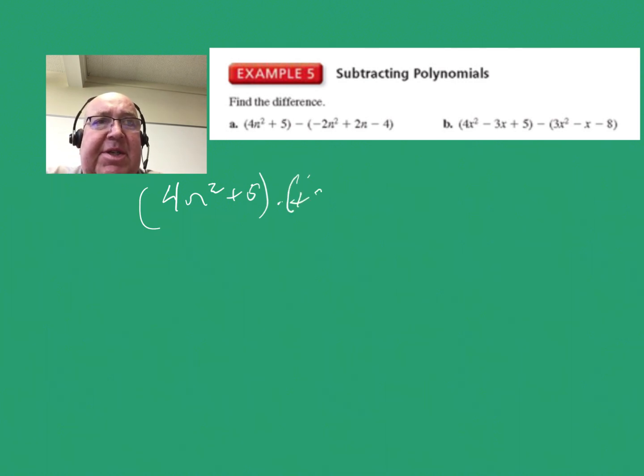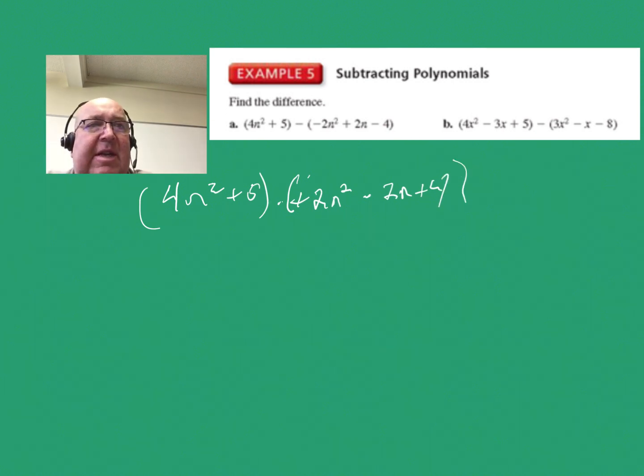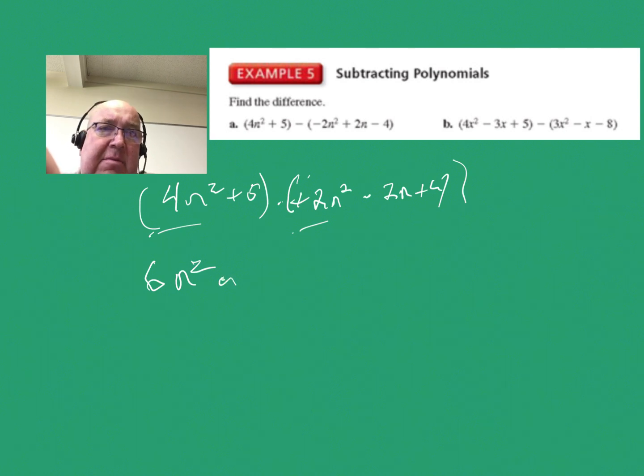We're going to change this to 2n squared minus 2n plus 4. Now I'm going to combine my like terms, my n squareds. I have 6n squared minus 2n and I have 5 plus 4, which is 9.